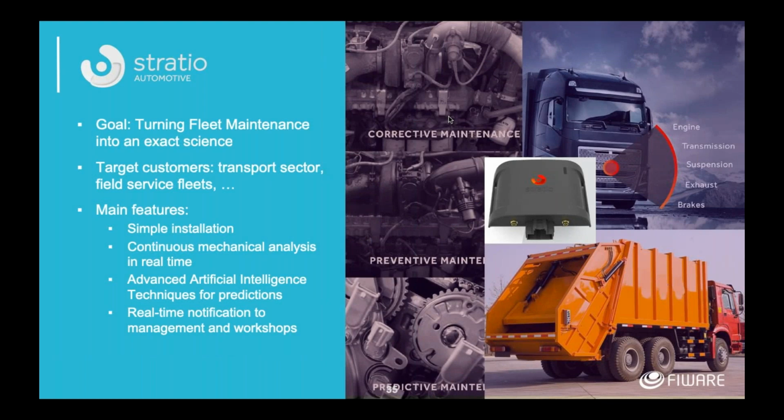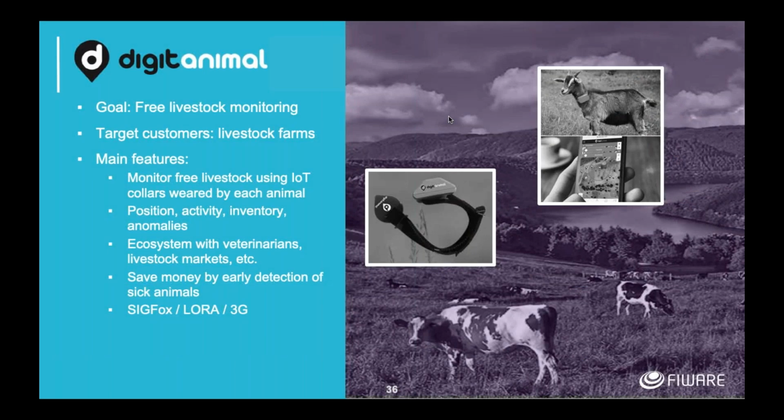You have other examples of FIWARE, which would be, say, using industry or preventative maintenance. Once again, you have elements like GPS, or you have devices in the vehicle, which would then be able to pass that as context information up to the system, and you do appropriate processing.